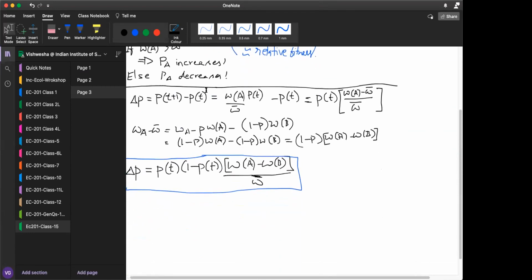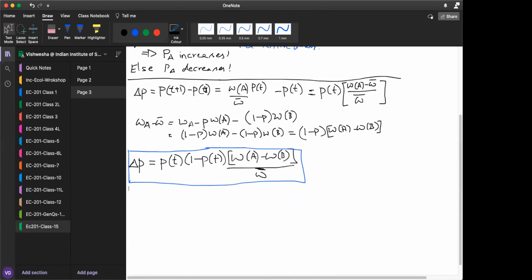Do you agree? So in all of these steps, it's actually omega of t, omega at time t. Absolutely. Yeah, I'm going to drop t everywhere to make it uniform and to reduce the complexity of notation. P into 1 minus P.